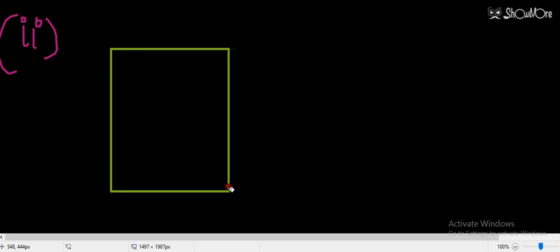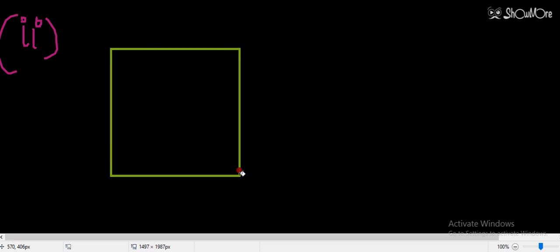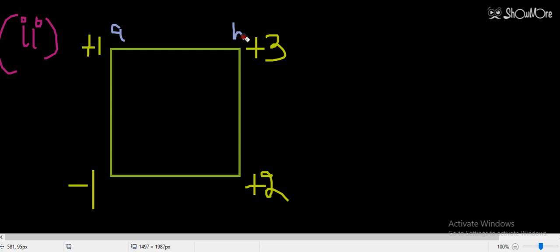A similar type of square is given, and the charges placed at ABCD are: A is plus 1 coulomb, plus 3, plus 3, minus 1, and this is plus 2 coulomb. So let's label it as A, B, C, and D.